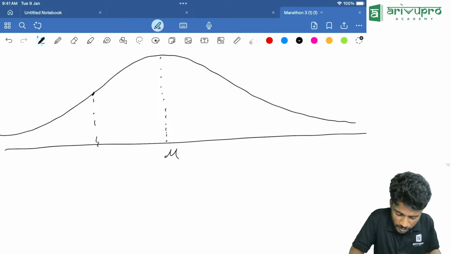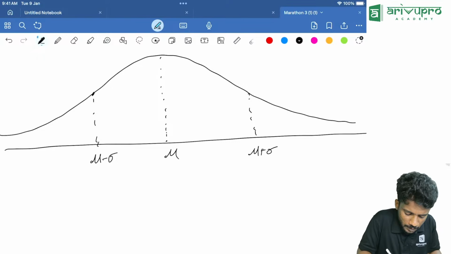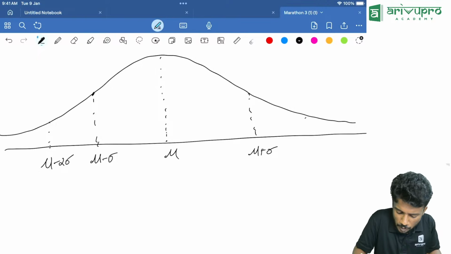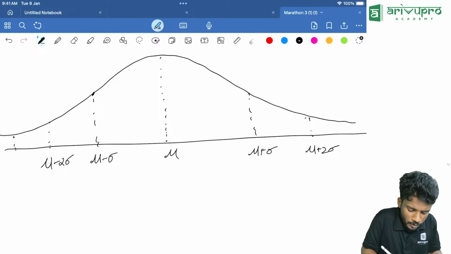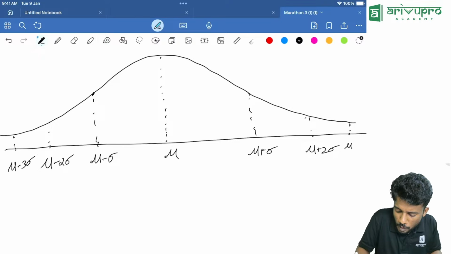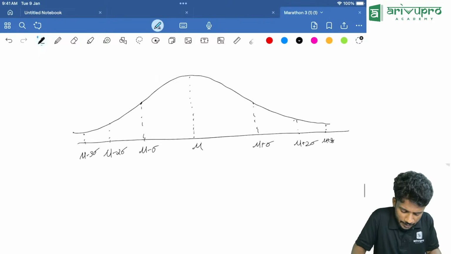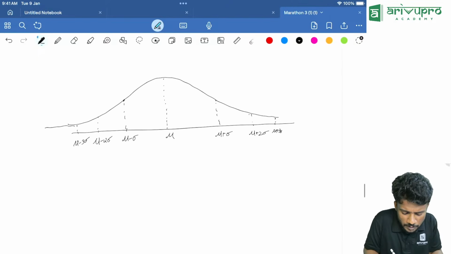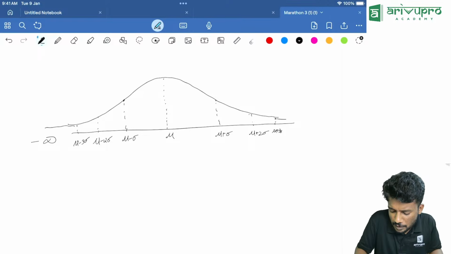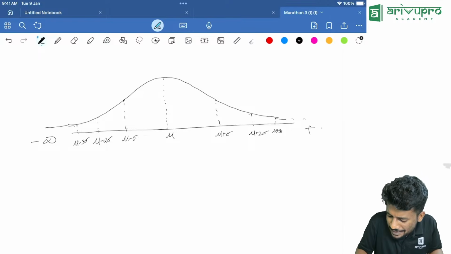Point of inflection is mu minus sigma, then mu plus sigma. Then we have mu minus 2 sigma, then mu plus 2 sigma. Finally, we have mu minus 3 sigma, then mu plus 3 sigma. This graph is going towards infinity. This is minus infinity. This is going to be plus infinity.